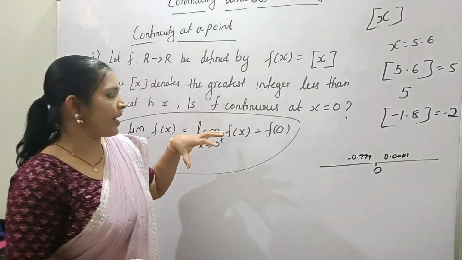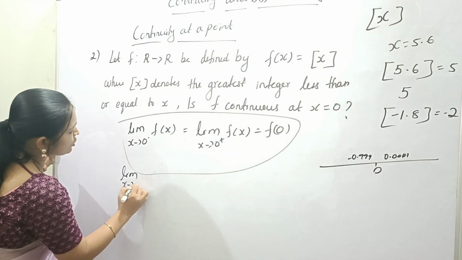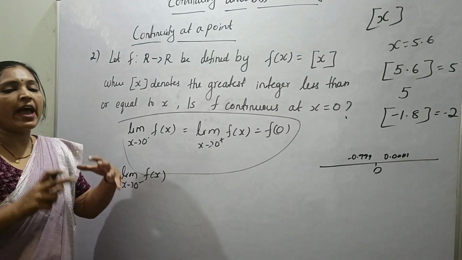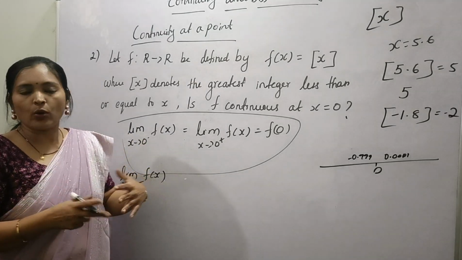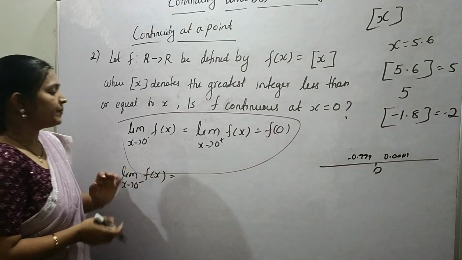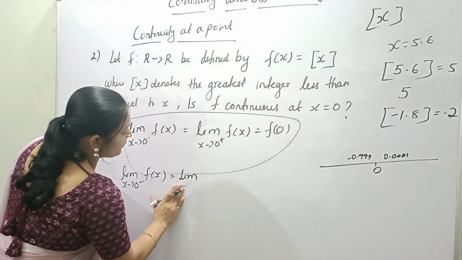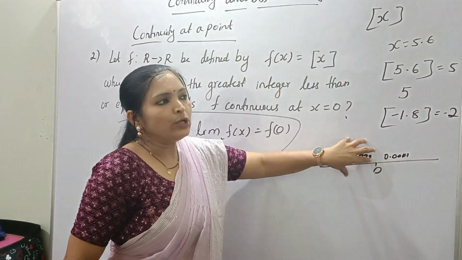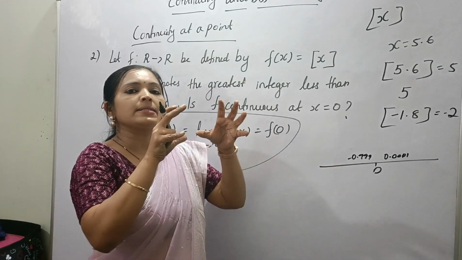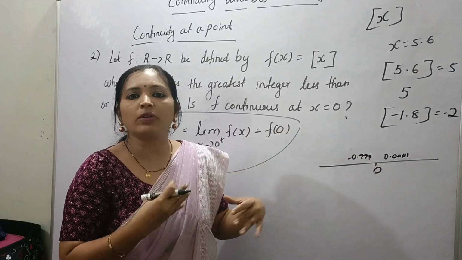So for that we have to find the left hand limit and right hand limit. Now, limit x tends to 0 minus f of x. Here x tends to 0 minus means the x value is very close to 0 but less than 0, left of 0. The values are less than 0, which means 0 minus some value, so they will be negative.